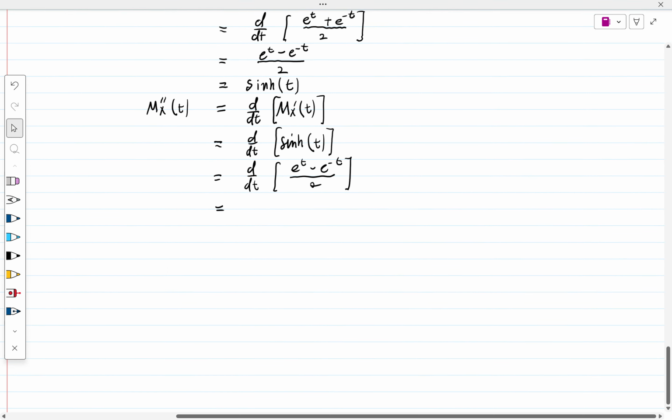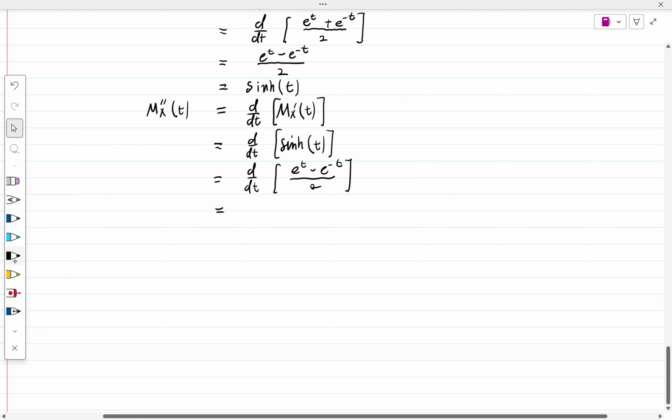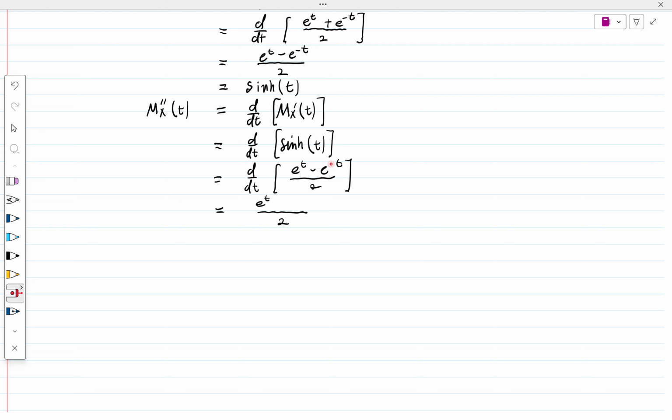In this particular instance, the first term, the e to the t on 2, becomes just e to the t on 2 when differentiated. And of course, the e to the -t on 2 on the other side, well, the negative power has to come out the front, and it actually cancels with the first negative, leaving us with positive e to the -t. And behold, this is the definition of cosh of t.